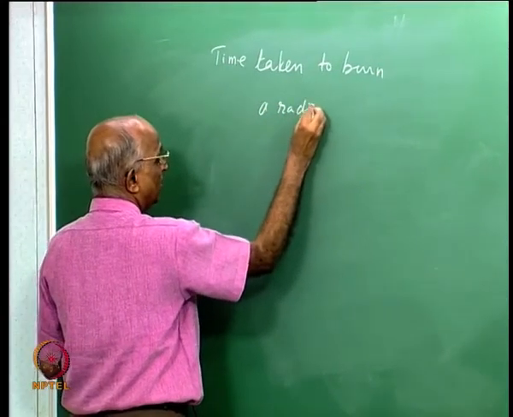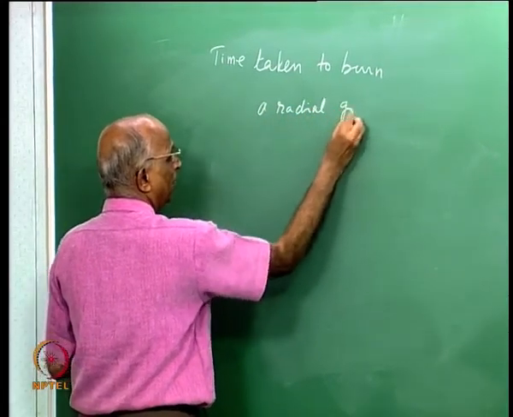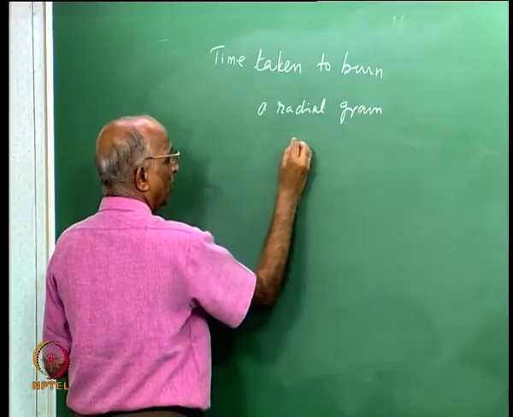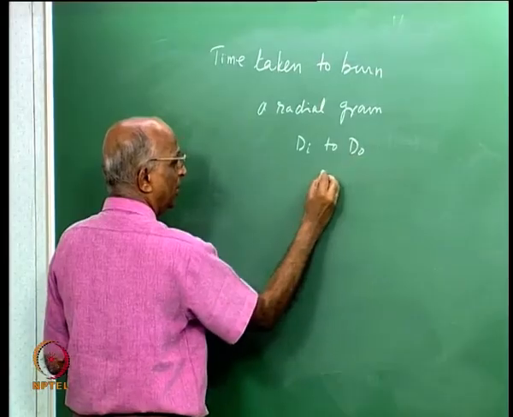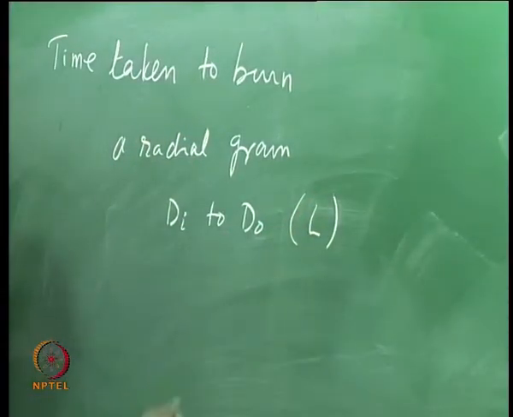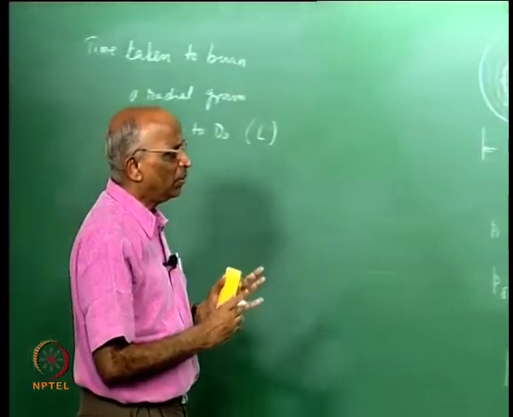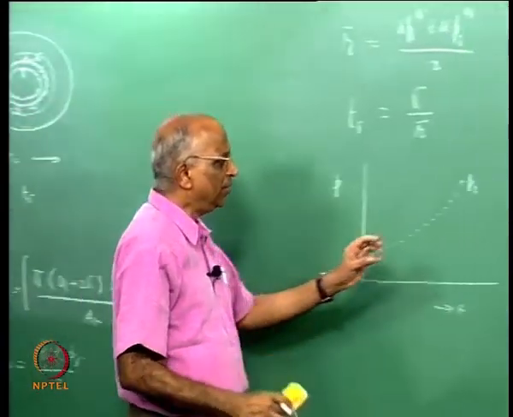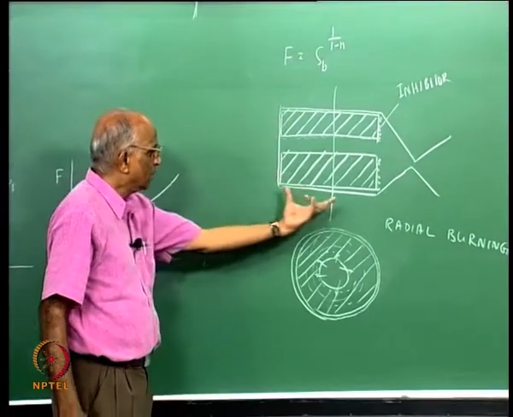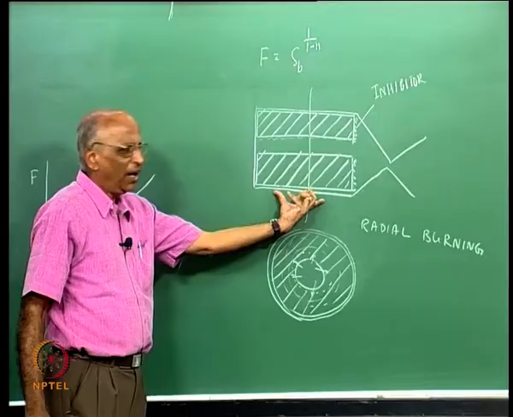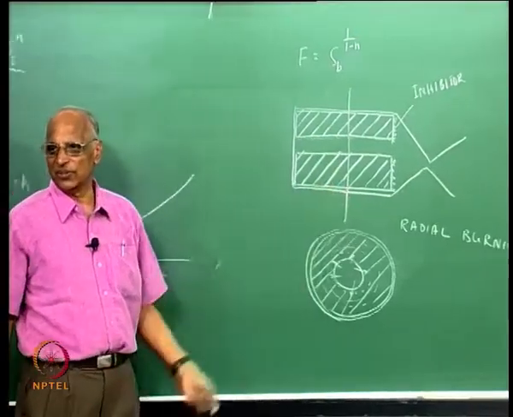Now I am using a slightly radial grain between di to outer diameter, the length of the grain being L. The same problem, the same thing what I am considering, the initial diameter is di, the final diameter is do, the length is L of the grain. I want to find the time taken to burn this.